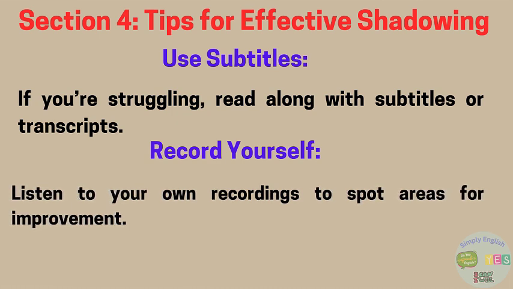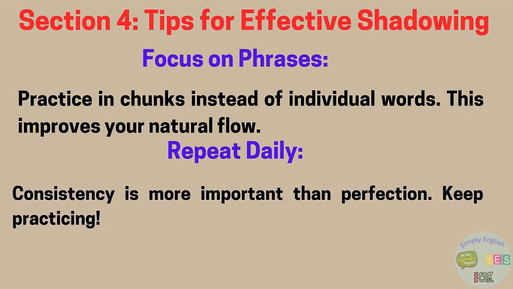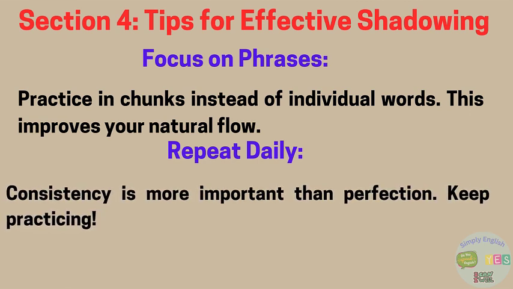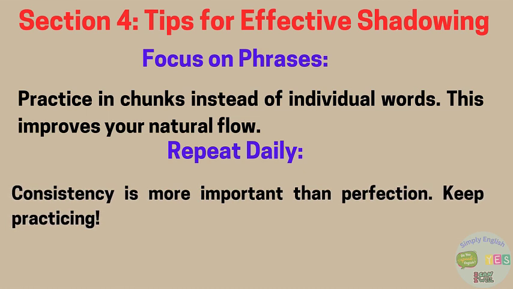Record yourself. Listen to your own recordings to spot areas for improvement. Focus on phrases. Practice in chunks instead of individual words. This improves your natural flow. Repeat daily. Consistency is more important than perfection. Keep practicing.